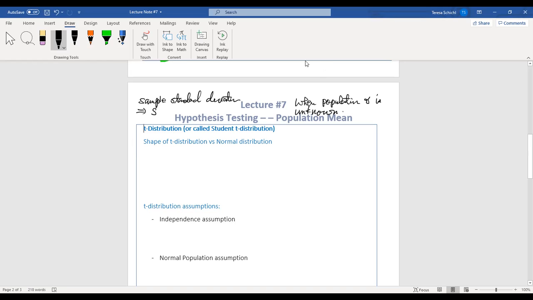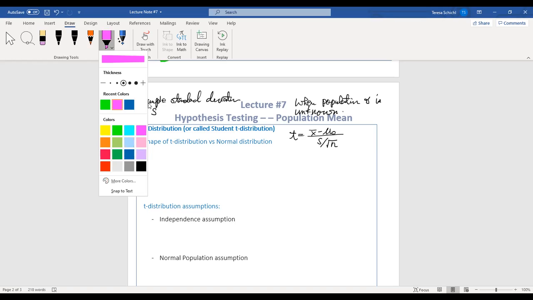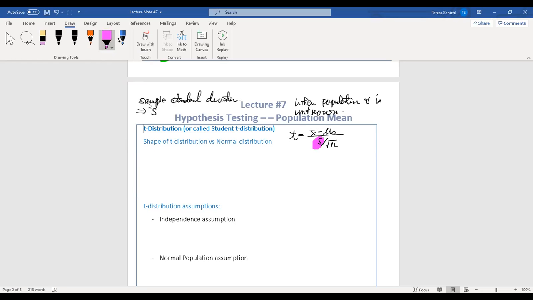So the t distribution, the way we defined it, is X bar minus mu 0, where mu 0 is what you want to test for, right? And then on the bottom, the only thing different from the z-test is you put the S instead of the sigma here.